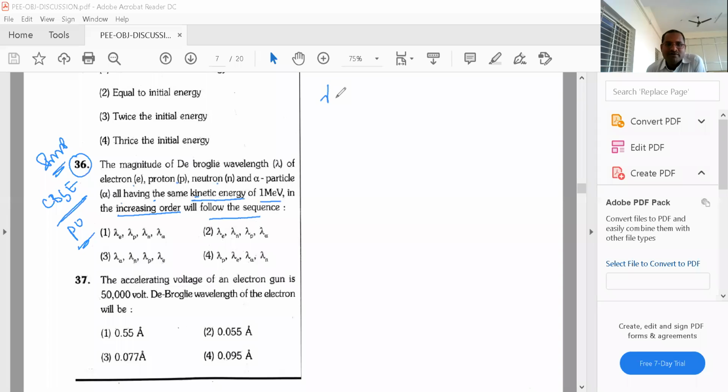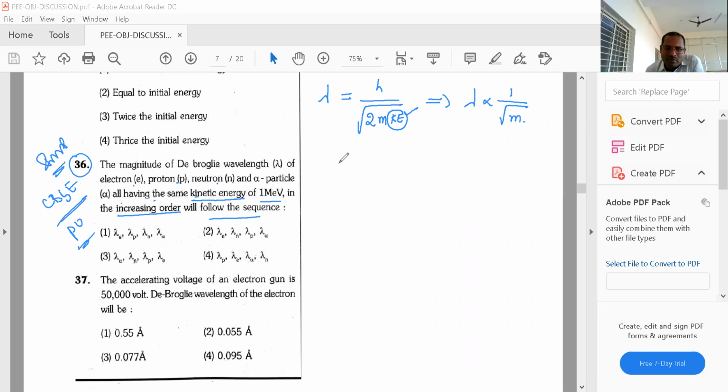See, de Broglie wavelength lambda is equal to h by root 2m kinetic energy. Because kinetic energy is the same, lambda is inversely proportional to the square root of its mass.